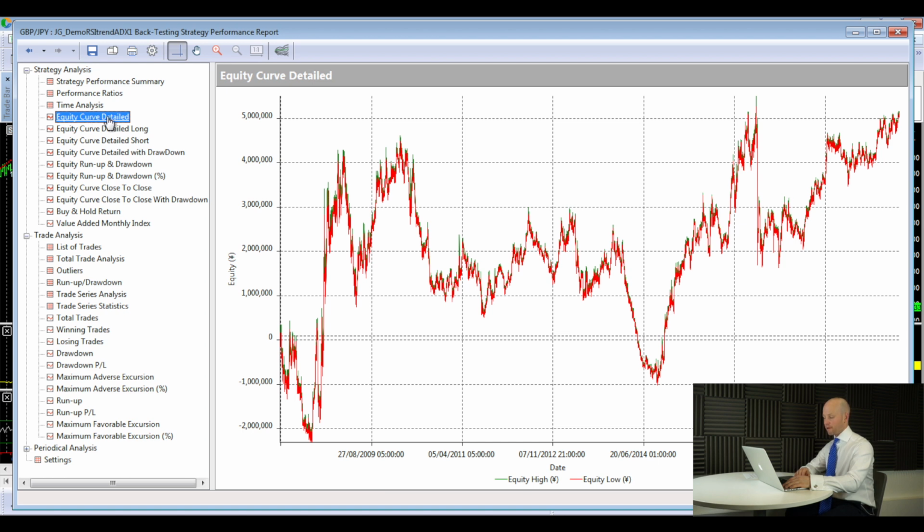But what if comparing the ADX value of the current bar to the last bar isn't correct? Well, we can do an optimization on that. We can optimize from 1 bar back through to 20 bars back if we want. So I've already done that. So let's have a look at the results.